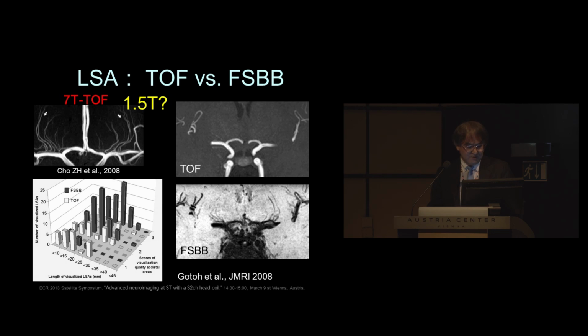As for the length, time of flight is shorter, usually less than 20 millimeter. However, in FSBB, in some cases, more than 40 millimeter. And the visualization score is lower in the case of time of flight, while visualization is much better in FSBB, with much higher scores.